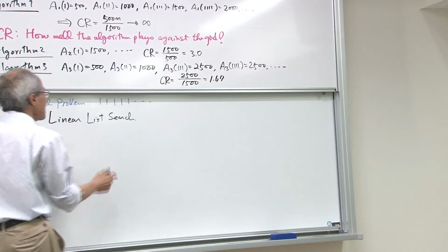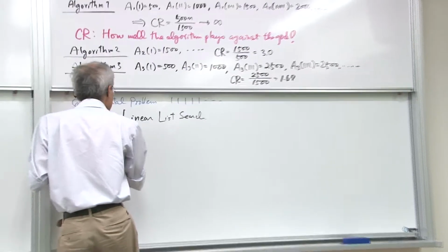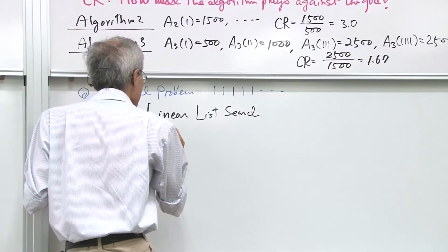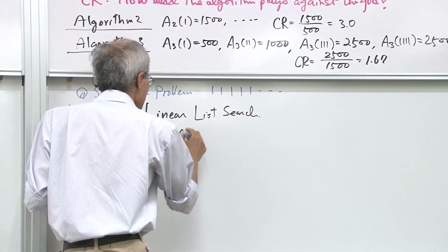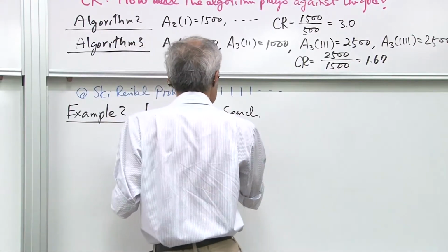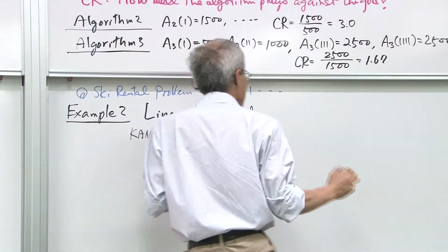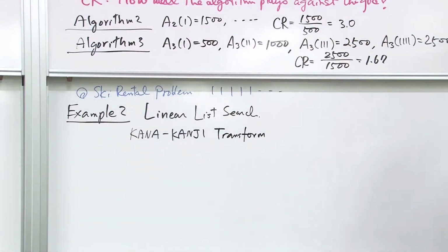The second result is linear search. This is the kana kanji transform, a typical example. Of course, linear search can be used for many different problems, but the typical one is the kana kanji transform.